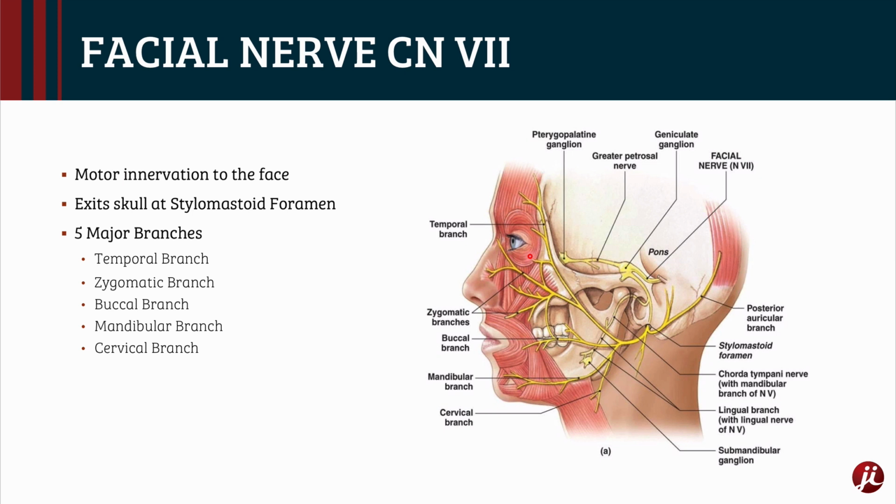So real thin, real easy to reflect, but hard to keep it all intact because there's so many little branches of it. But for the sake of this dissection, what we can do is cut the nerves here at the terminal ends of all of those 5 branches and then just reflect it backwards towards that stylomastoid foramen.